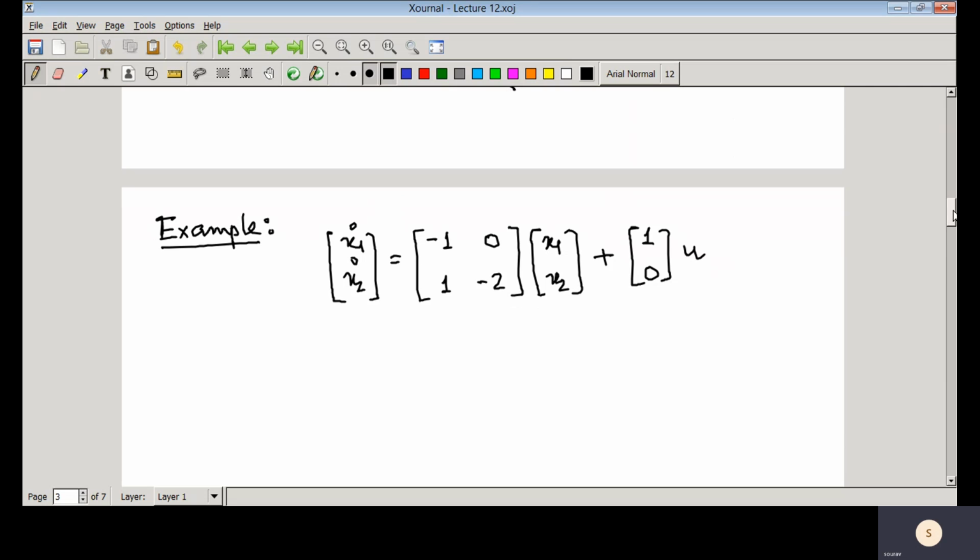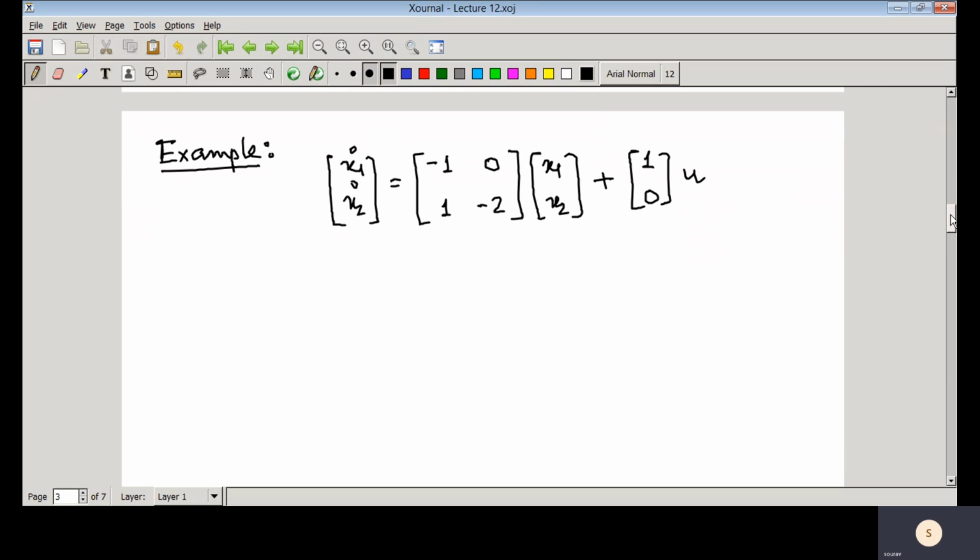So let us first try to understand whether this system is controllable or not. For controllability, we have the A matrix and this is the B matrix. So let us first see the state diagram. From the first equation, we get x1 dot equal to minus x1 plus u, and from the second state equation we get x2 dot equal to x1 minus 2x2.